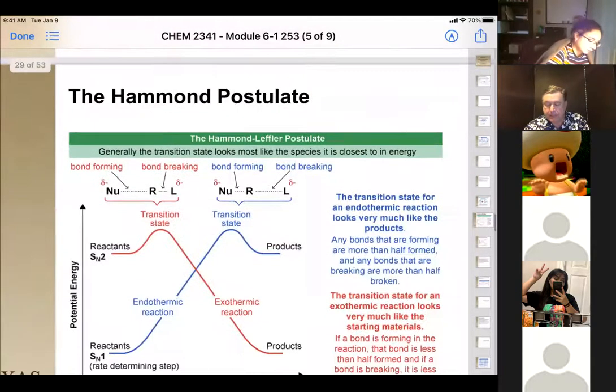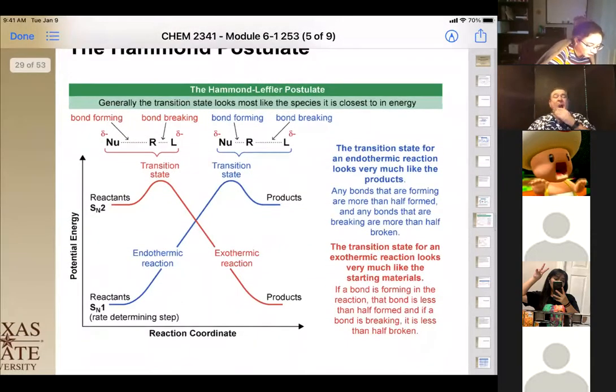So when we think about things that are endothermic or exothermic, we actually have a way of looking at it from the fact of how close the transition state looks to the starting materials or the products.